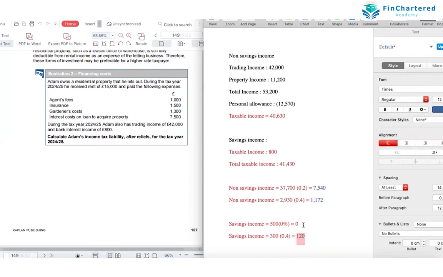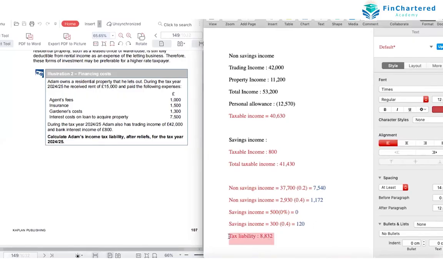Obviously, 0 is something you're not going to add. But if you add this up, how much? 8832. So technically speaking, your tax liability is supposed to be 8832.